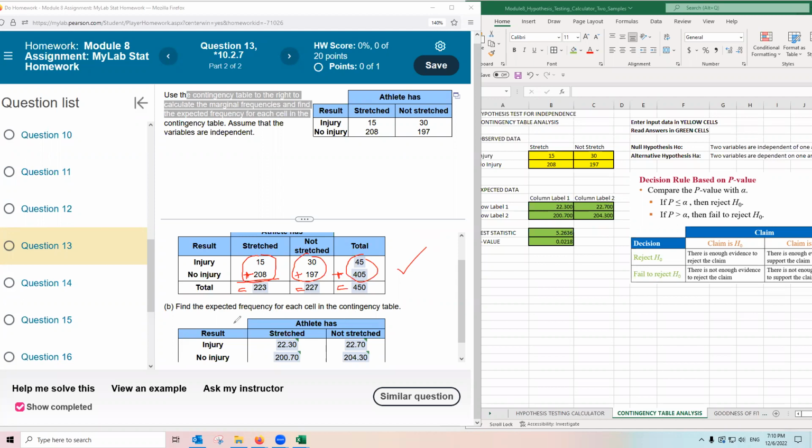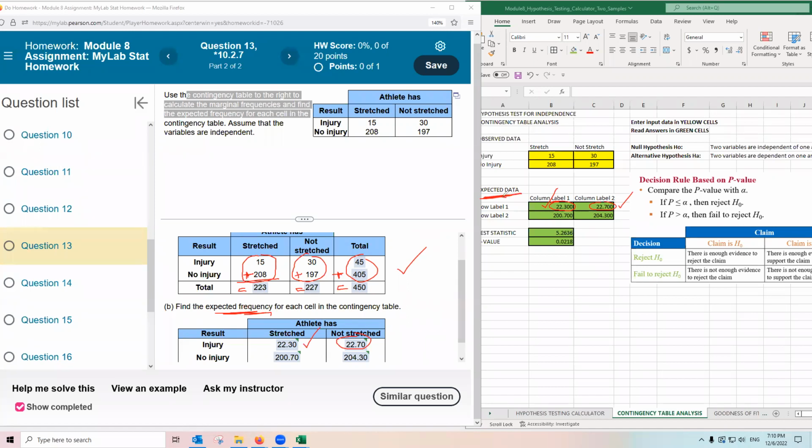Let me go down to this bottom one. It says, find the expected frequency. These green boxes are doing it for you also. Notice 22.3 is in that green box, and here's 22.7. So these green boxes are giving you the expected data.